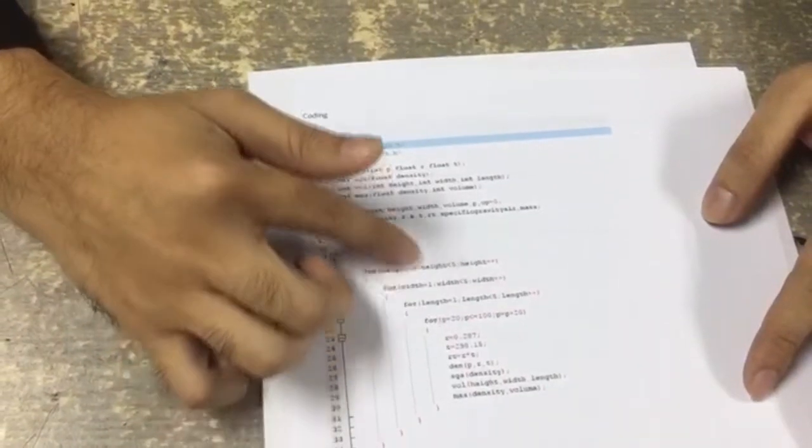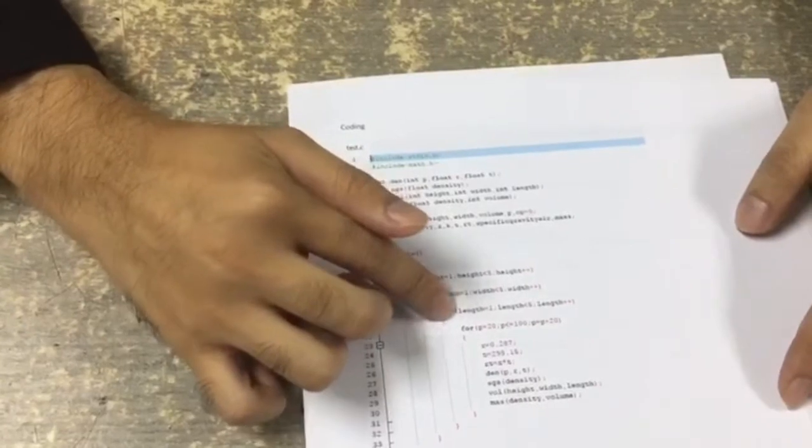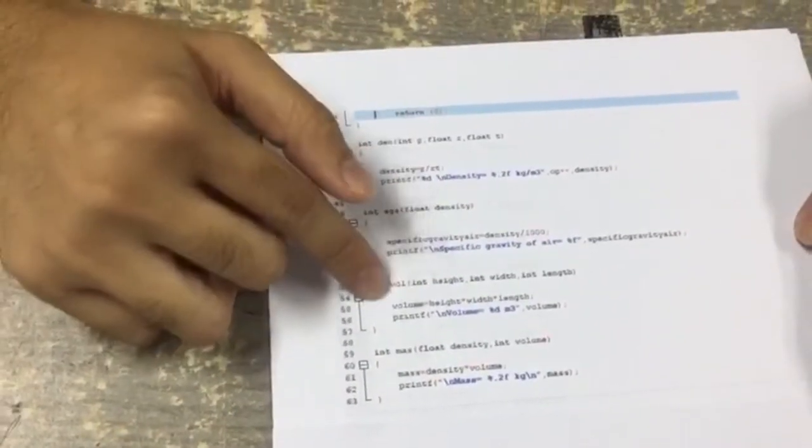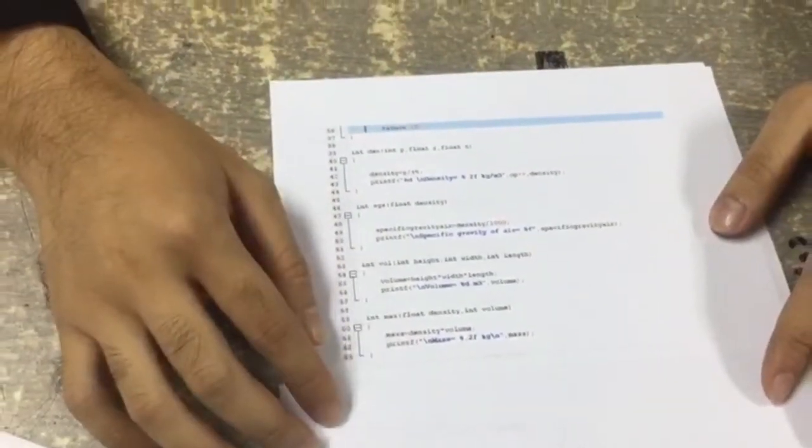And this one is the loops. They have 4 loops: 1, 2, 3 and 4. After that, they have the functions 1, 2, 3 and 4. Then we will get the output for this problem.